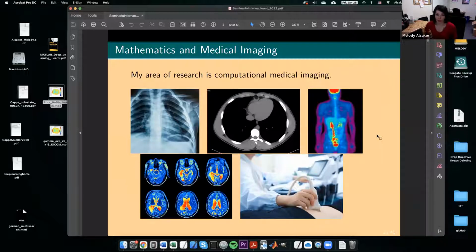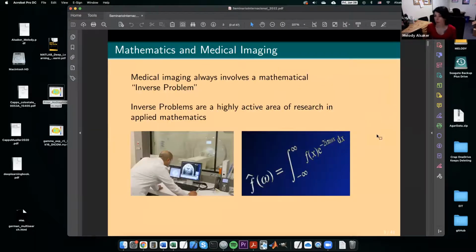And so, yes, my area of research is computational medical imaging. I've worked with a number of imaging modalities and different types of medical images over the years. And in particular, medical imaging always involves what's known as an inverse problem.